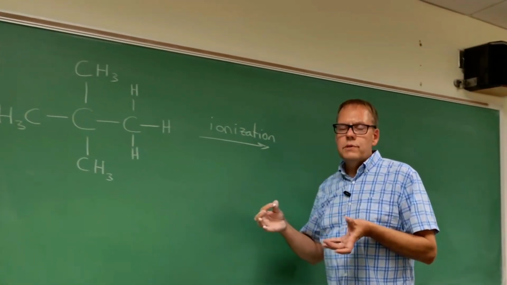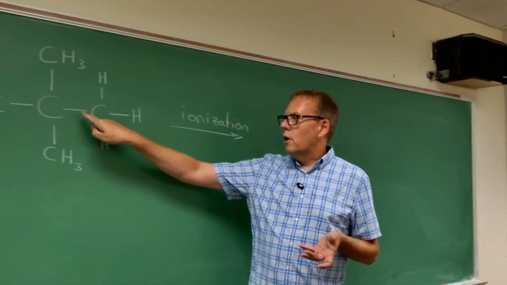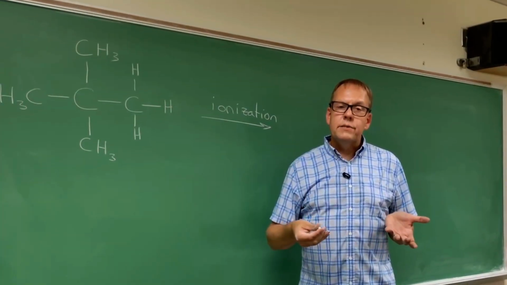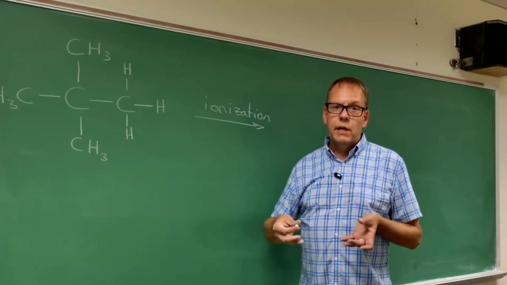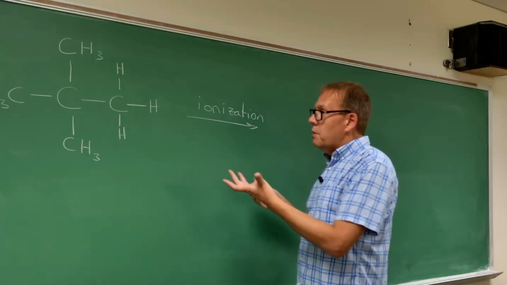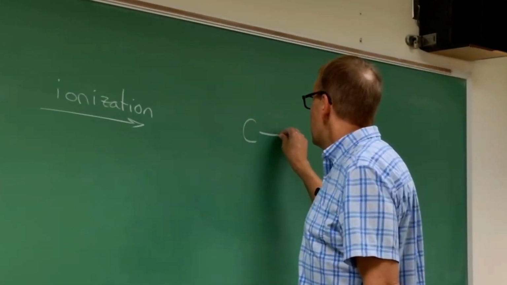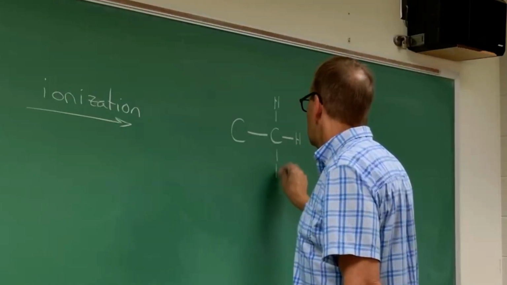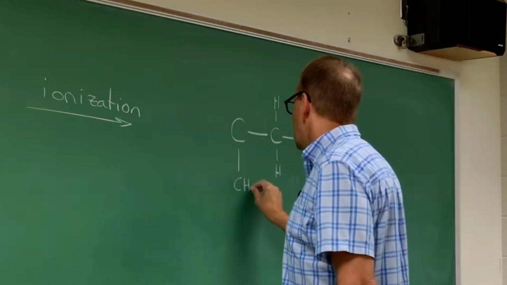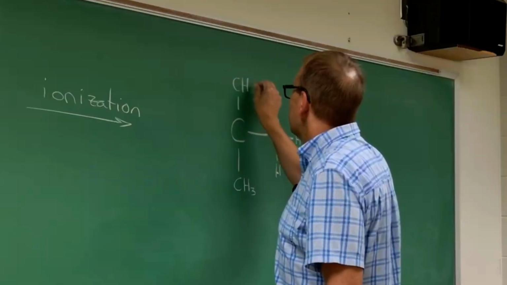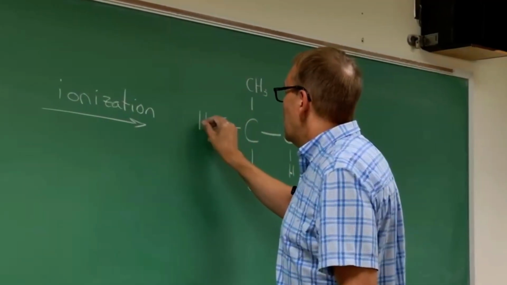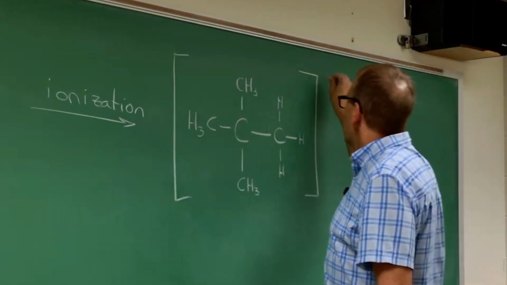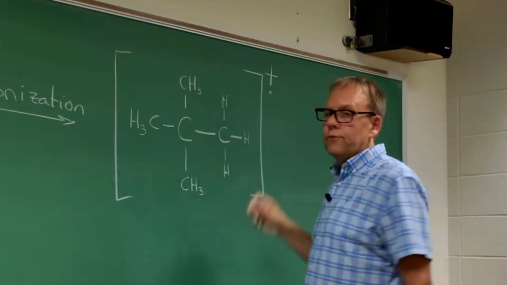When this molecule loses an electron, it could either come out of one of the carbon-carbon bonds or one of the carbon-hydrogen bonds. And you don't really know which one that is. So a lot of times what people will do when they're trying to represent a molecular ion of this type is they'll just draw the molecule like I'll do here, and then they'll draw brackets around it, and they'll say plus dot for radical cation.